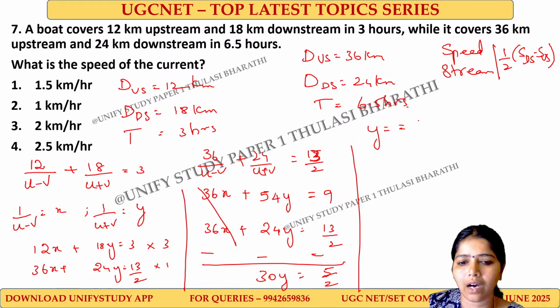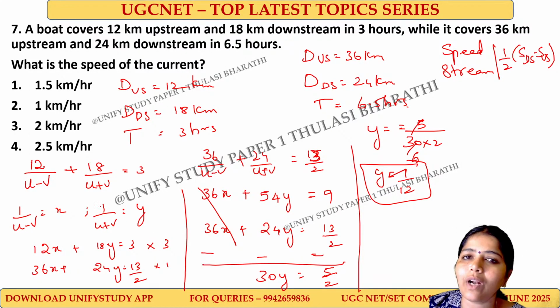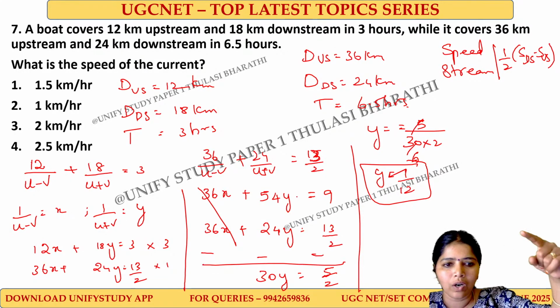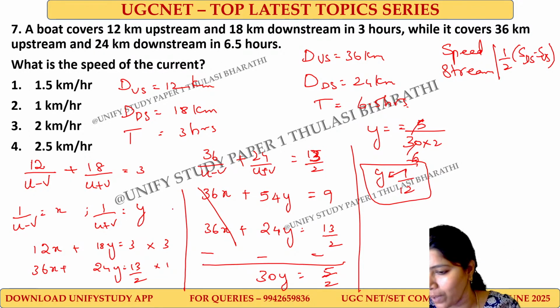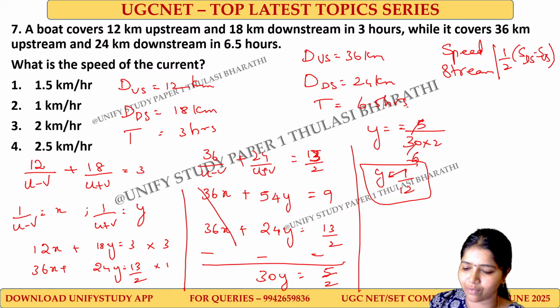Right. 5, this 30 comes down, this becomes 6 times. So y is equal to 1 by 12. What is y? Y is equal to 1 by u plus v. So u plus v is equal to 12. Yes, you got it. Very good. Speed of the current, very good. Yes, you have done it.